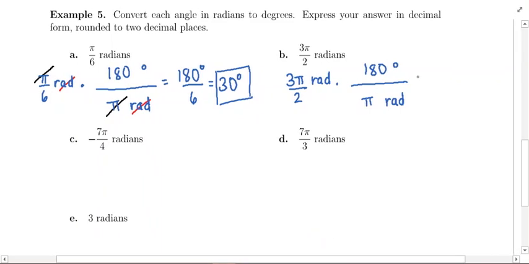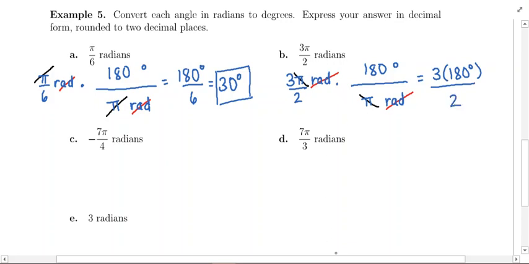Now you're just multiplying fractions. You've got radians in the top, radians in the bottom, they cancel out. You also have pi in the top and pi in the bottom, they cancel out. And so now you can just multiply here. This is going to be 3 times 180 over 2.